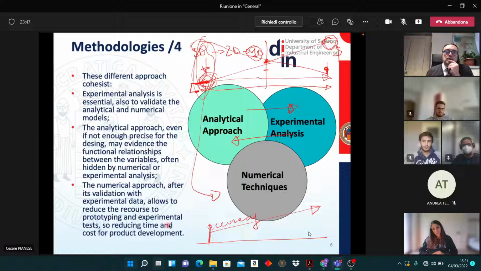Numerical techniques, as we said, may support you in reducing testing, but this is just a straightforward consideration.